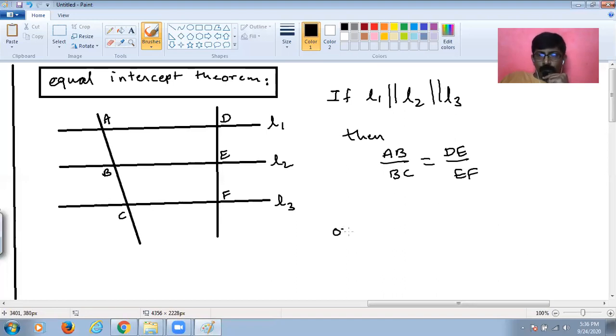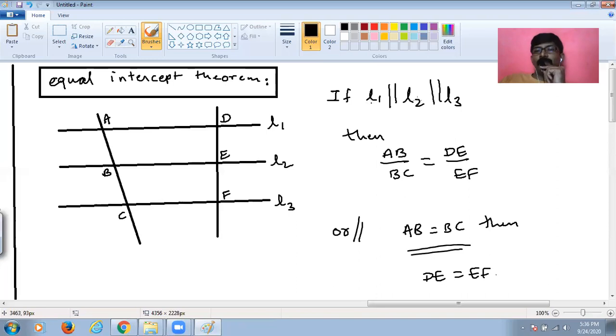Or there is an or statement: if AB is equal to BC, then DE is equal to EF. You understood what I mean? So if three lines are parallel, then the intercepts made by the two transversals on these three lines are in proportion.